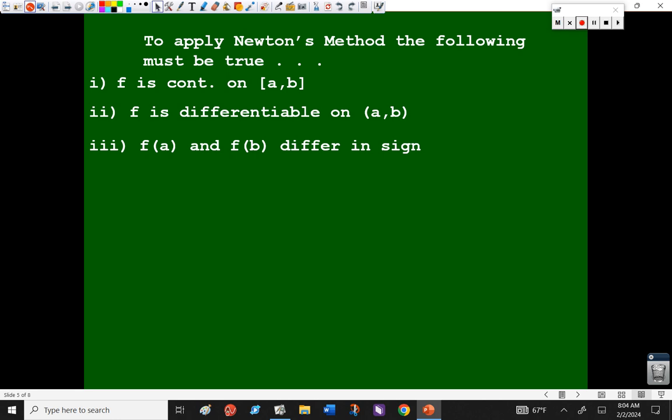The intermediate value theorem stated that if you go from a positive value to a negative value on something that is continuous, then you're guaranteed that there will be a 0 somewhere in between. So between a positive and negative, there has to be a 0 if your function is continuous. And that's what Newton's method is trying to find. It's trying to find the zeros. So your endpoints have to differ in sign. One has to be positive, one has to be negative, and not in that order. It could be negative and positive.